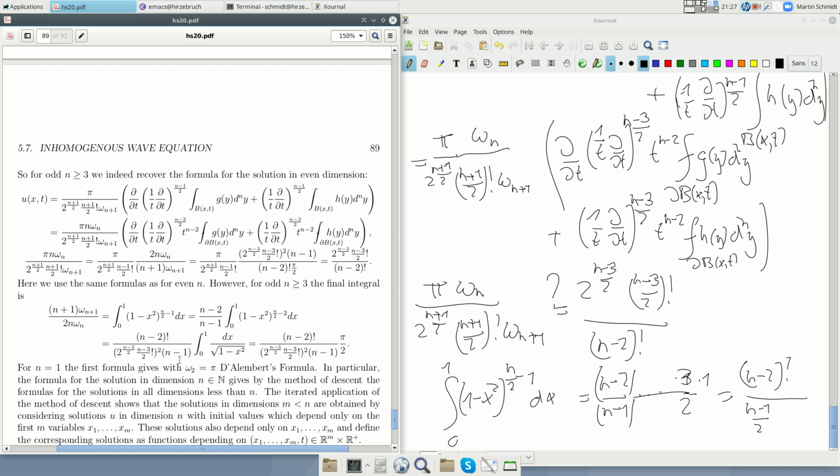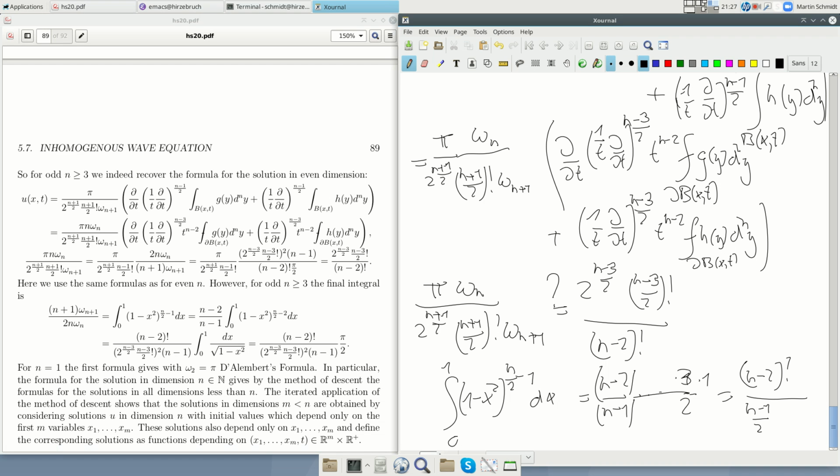The last factor n minus 1 we just write here, and then we have the additional factors. So we have 2 to the power n minus 3 half, n minus 3 half faculty, and the whole thing times n minus 1.